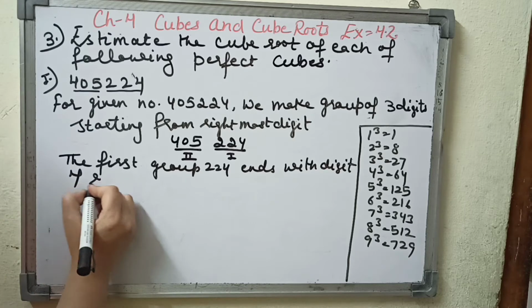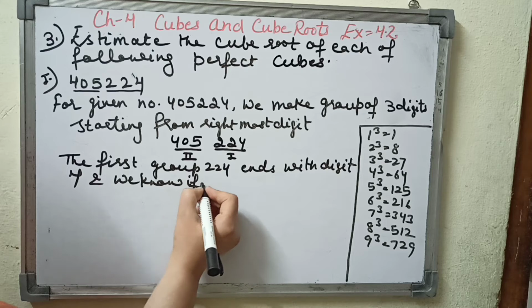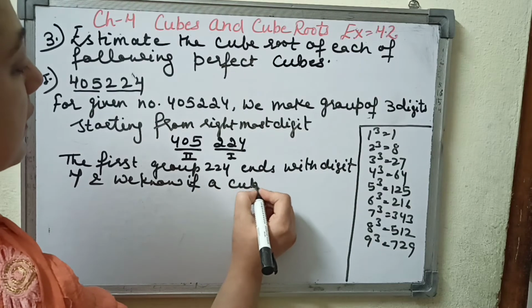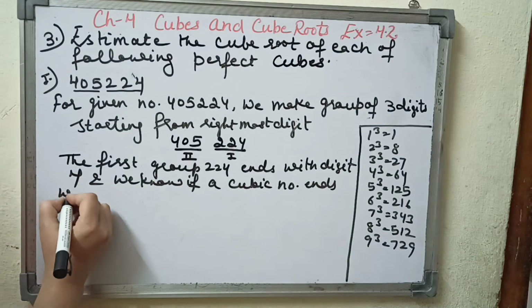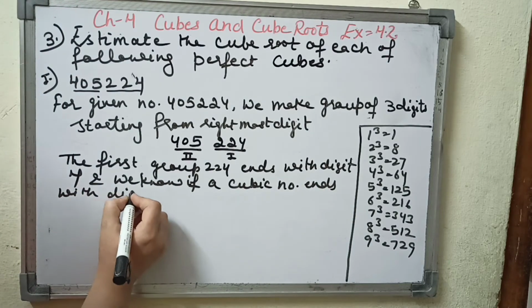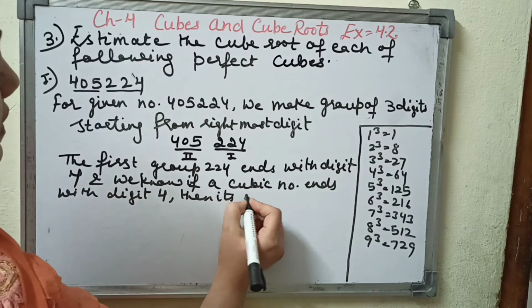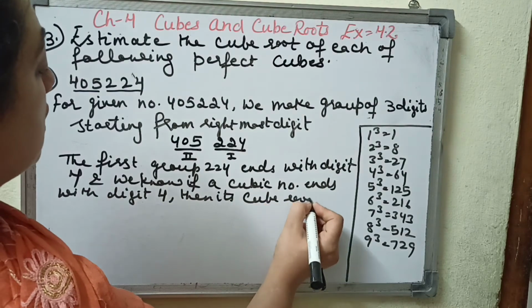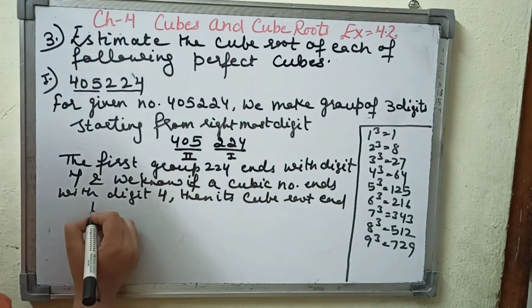And we know if a cubic number ends with digit 4, then its cube root ends with digit 4.